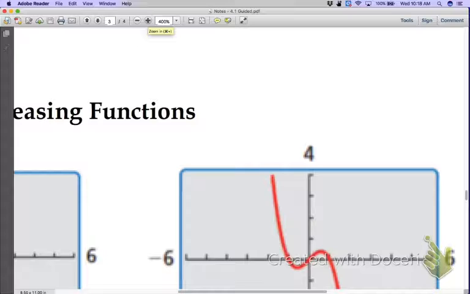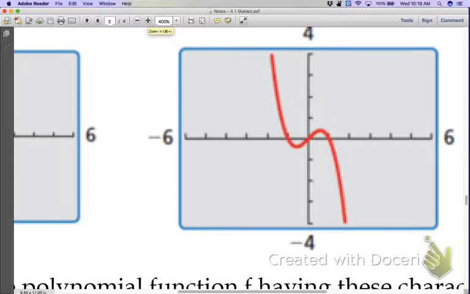Then it came back up, so it increased. What was it doing when it was right there? It wasn't doing anything. It was decreasing, it hit its low point, and then it increased again. So at that one point where it changes directions, it's not going to increase or decrease.